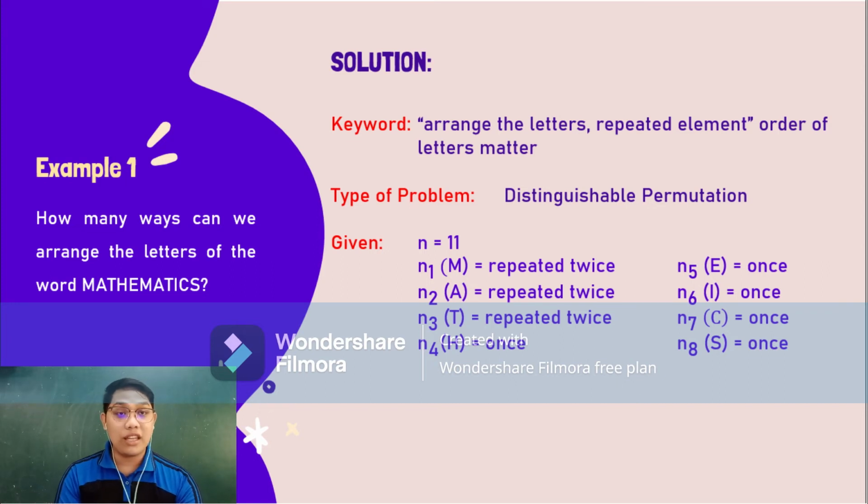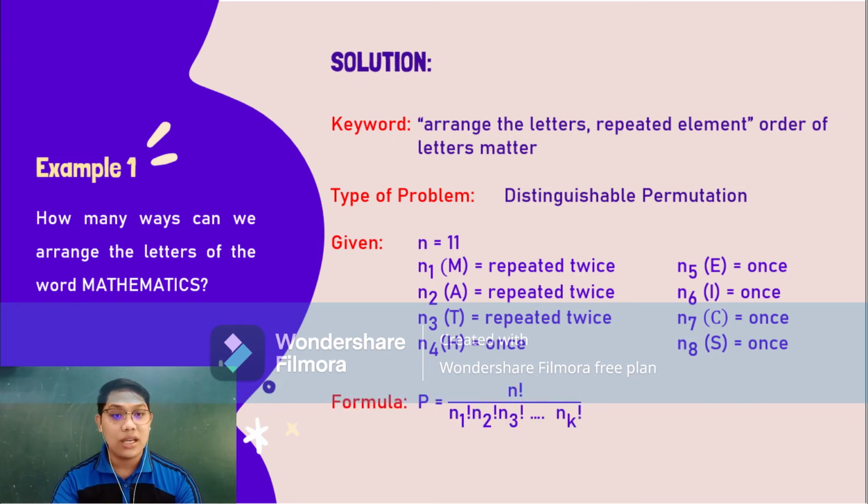Then, we will be using the formula that I mentioned a while ago for distinguishable permutations. P is equal to n factorial over n sub 1 factorial times n sub 2 factorial times n sub 3 factorial, and so on. Kung imo siya tanawon, ang 1 multiply ka og number, ang number gihapon. 2 times 1 is 2, 3 times 1 is 3.